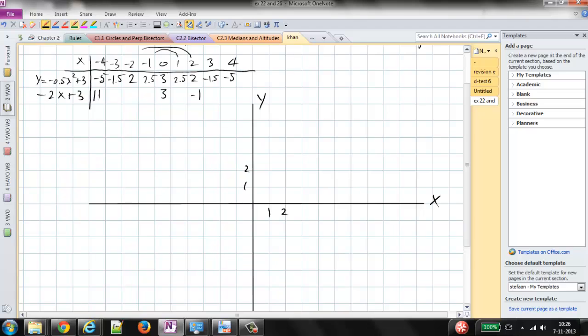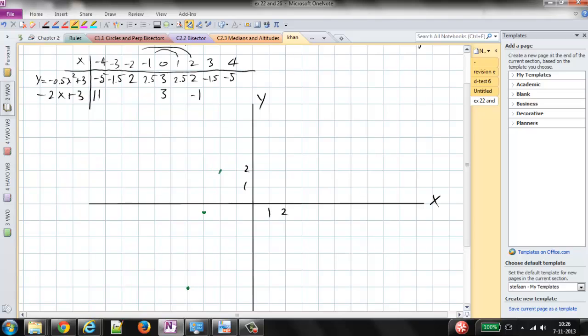And now we plot. I'll do the parabola in green. It's minus 4, minus 5, so that is here. Then I've got minus 3, minus 1.5, here. Minus 2, 2 is here.